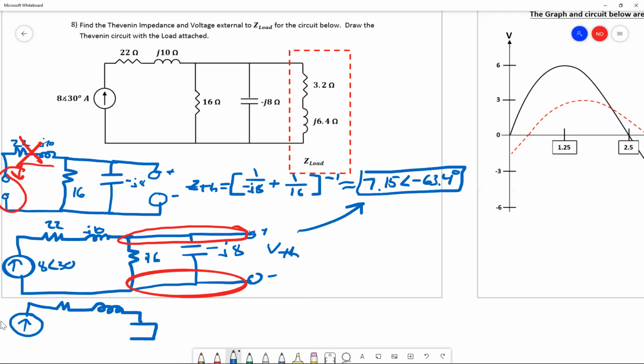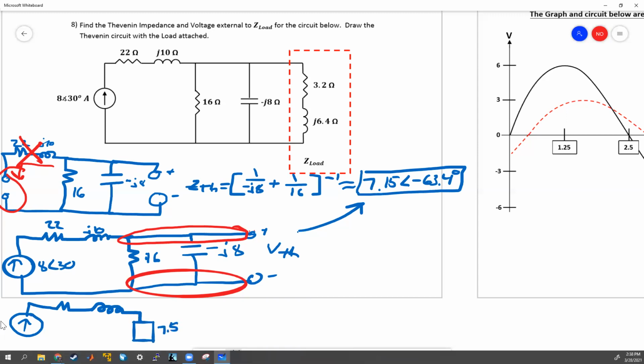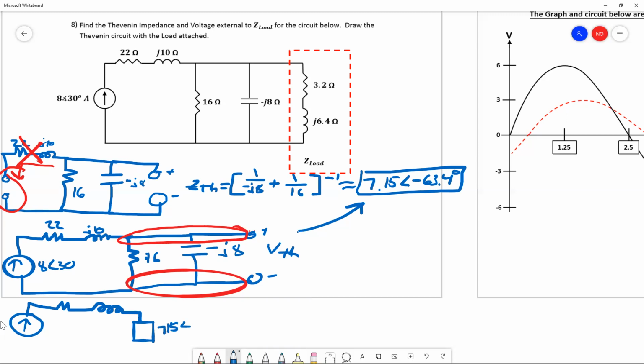We'll use a box this time. And this right here is 7.15 at an angle of negative 63.4, and the current source is 8 at an angle of 30. Remember that because it was in parallel with the Thevenin voltage, its voltage will be V Thevenin.